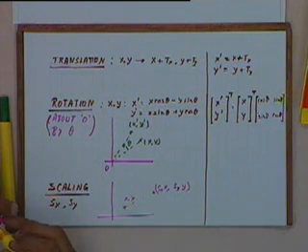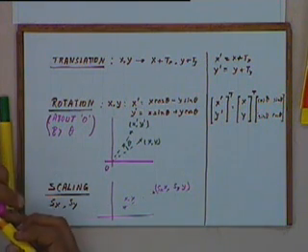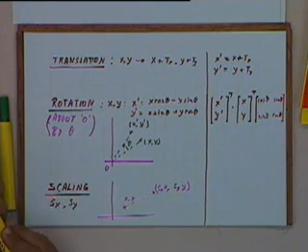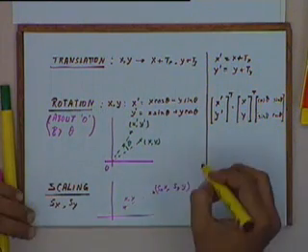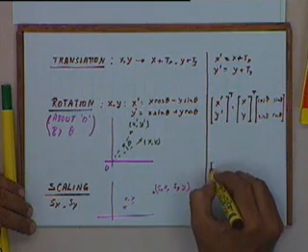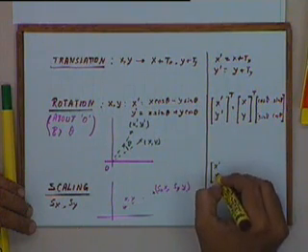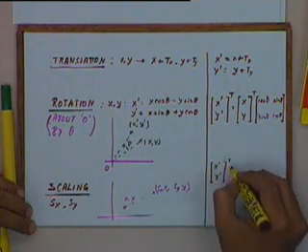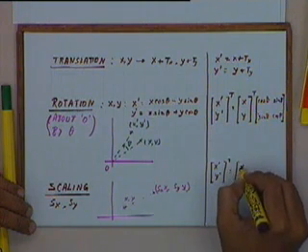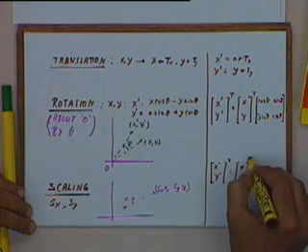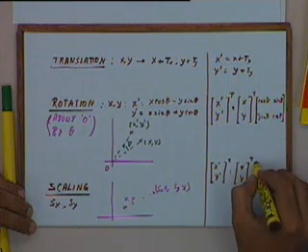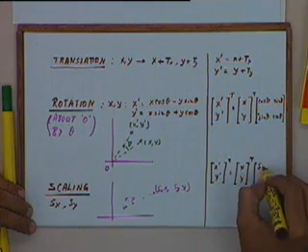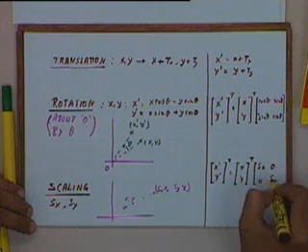The x coordinate will get multiplied by Sx, the y coordinate will get multiplied by Sy. In terms of matrix notation, x prime y prime will be equal to xy multiplied by the matrix Sx 0, 0 Sy.